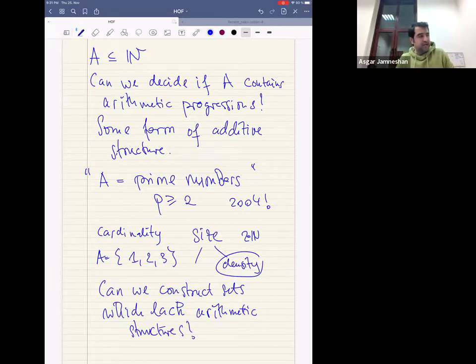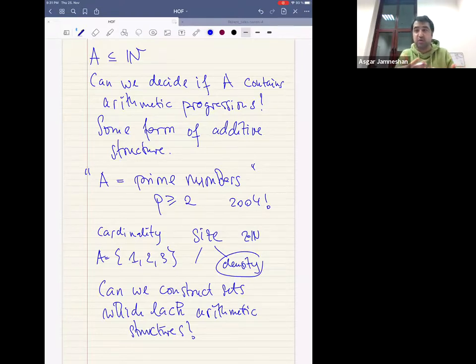This is the same question, just asked differently. If we can characterize those sets which have arithmetic structures, one can also ask, can we find those which don't? We can also study those sets which do not have arithmetic structure, and by understanding those sets, we know for which type of sets we should look for arithmetic structures. So this is an exclusion principle.